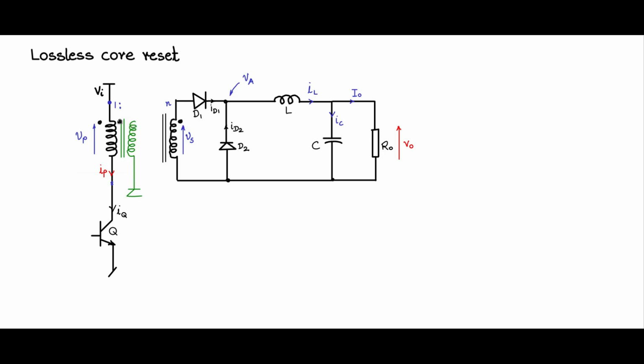In fact, bifilar wound. You take the primary and this winding, which I will call the demagnetizing winding because it is used for resetting, or reset winding. You take them together and wind them so that there is as little leakage as possible.